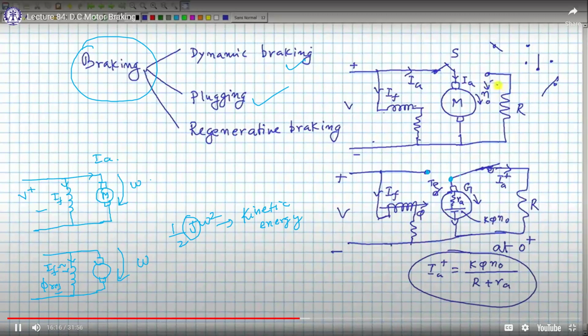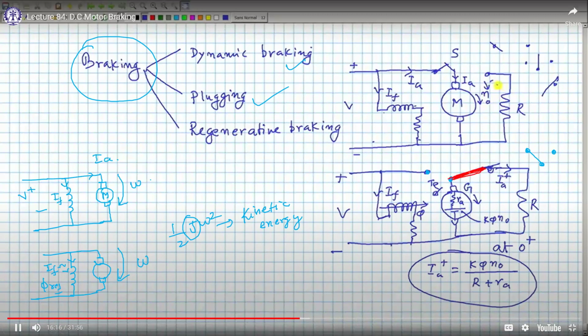Initially, when you were running your motor, your switch was closed in this position, so the motor was supplied with a DC voltage like this and it was rotating. Now, if you want to stop the rotation of your motor, you move the switch in this direction.